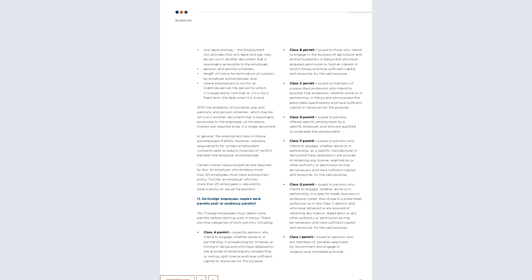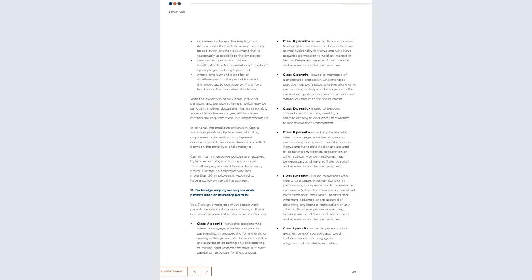Sick leave is also there. The Employment Act provides that sick leave and sick leave pay may be set out in another document that is reasonably accessible to the employee. Also included are pension and pension scheme, and the length of notice of termination of the contract by the employer and the employee.